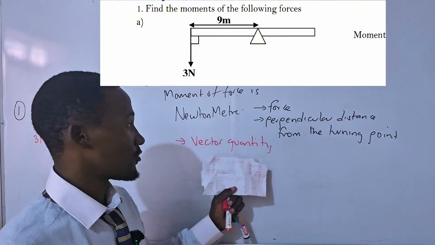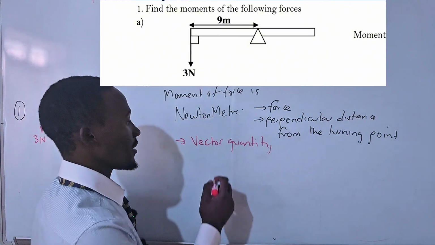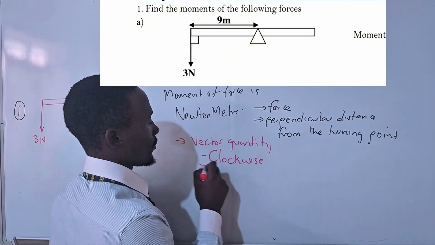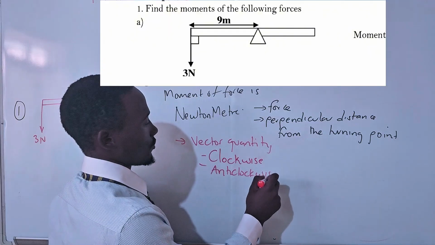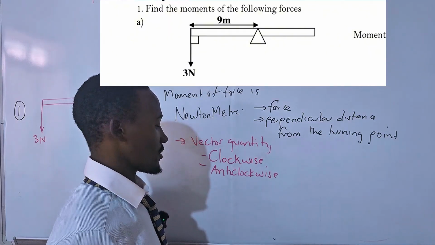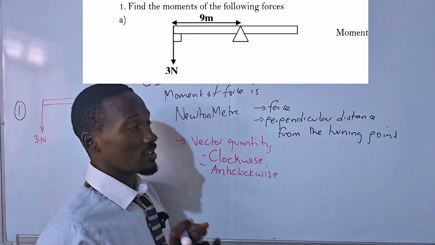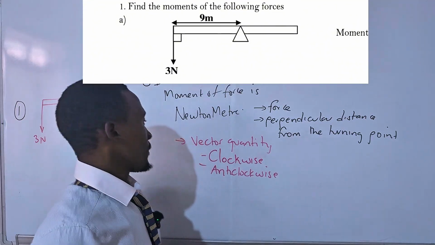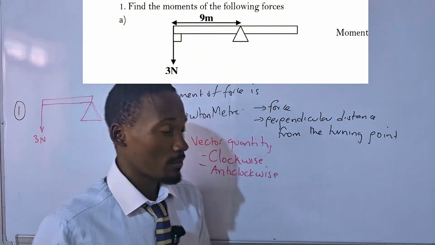But for moment of a force, the direction can either be clockwise or anti-clockwise. So the fact that it is a vector quantity, whenever you calculate a moment of a force in the equation, please endeavor to attach the direction. And if it is clockwise, that is the direction of the clock.